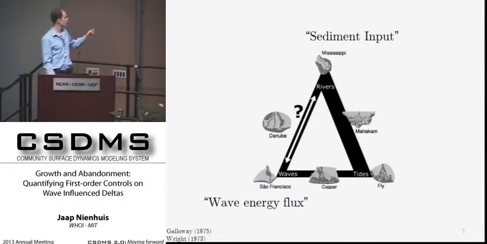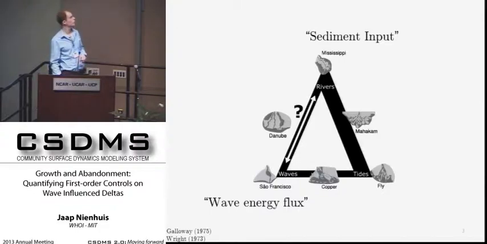To start off, Galloway in 75 had the famous delta triangle, and he tried to relate sediment input to wave energy flux, and tried to quantify that as well. But those two parameters are difficult to directly relate to each other.